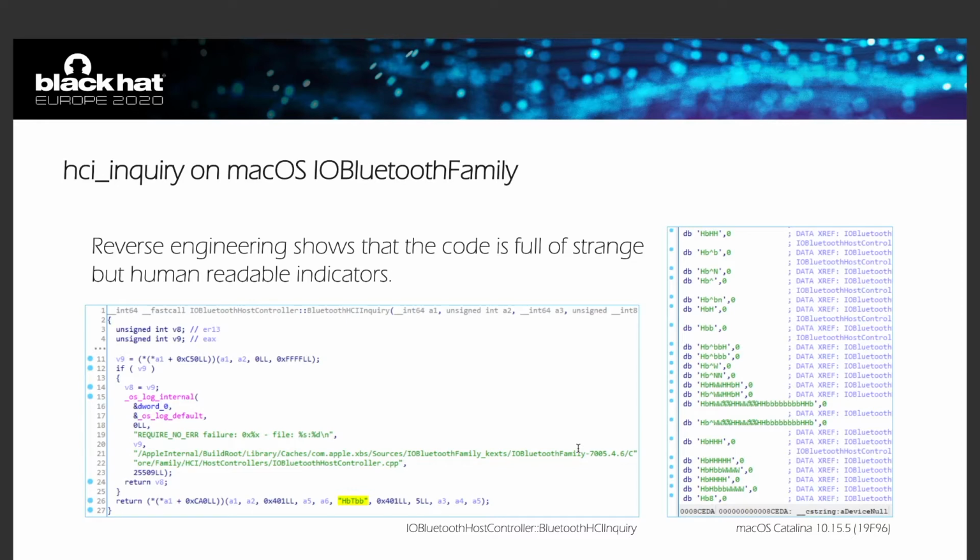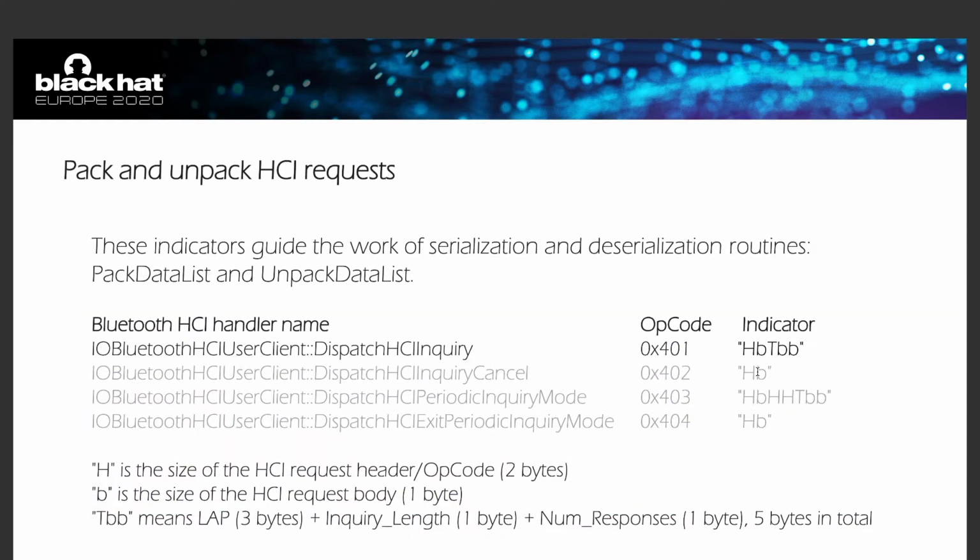With the deepening of reverse engineering, I found a large number of such strings, which appear in almost every Bluetooth HCI handler. Curiosity drove me to summarize these strings, and I found that they could actually be regarded as indicators to guide the functions packed data list and unpacked data list.